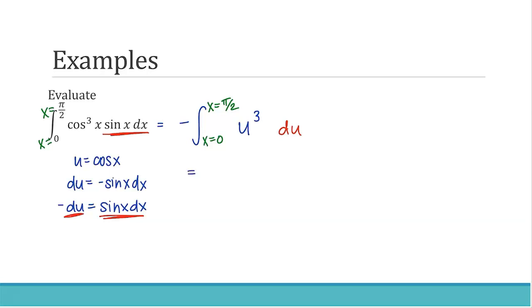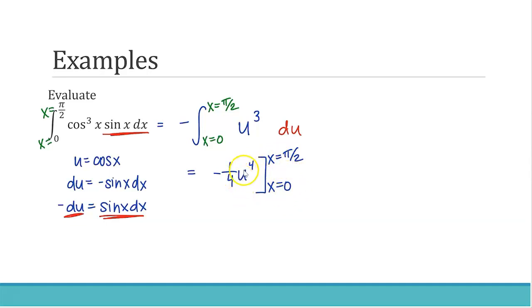So now we find the antiderivative of u to the third, which is 1/4 u to the fourth. And then I'll put a negative there too. This is evaluated again from x equals 0 to x equals pi over 2. And why it's so helpful to leave it as x values as well is because then you're not tempted to make the mistake of plugging pi over 2 into u and plugging 0 into u, because these are not u values.